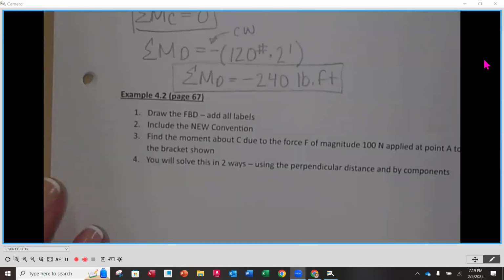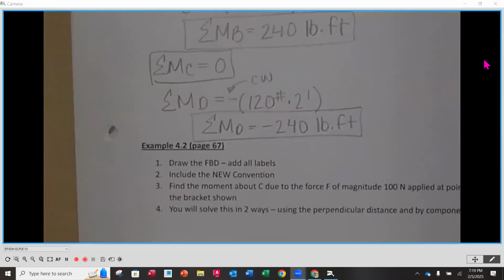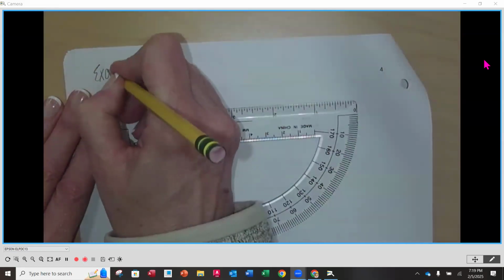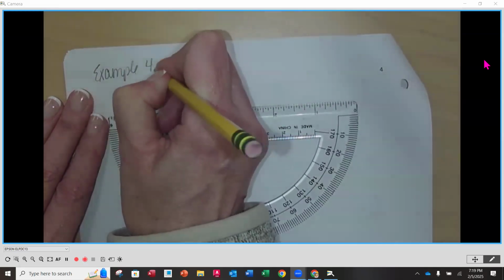So first of all, I'm going to draw my diagram on my paper here. I have quite a bit of room, so I'm going to, again, start on the second page so that I'm not always flipping back and forth. And I'm going to draw my free body diagram. This is example 4.2.